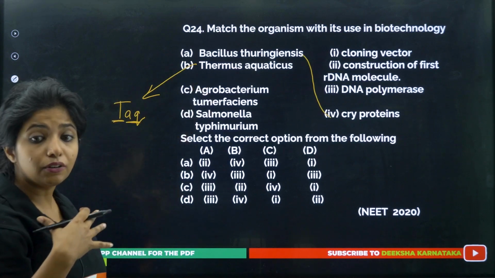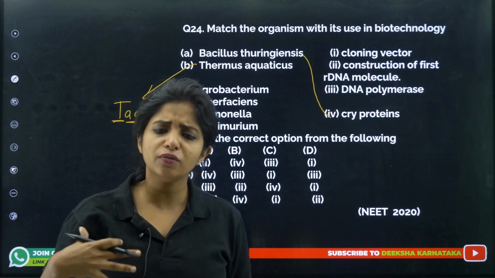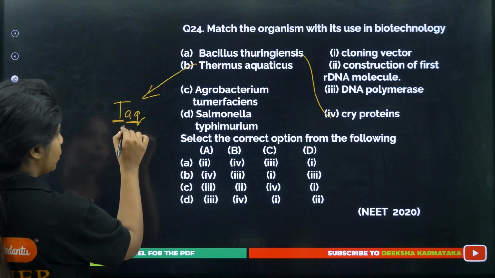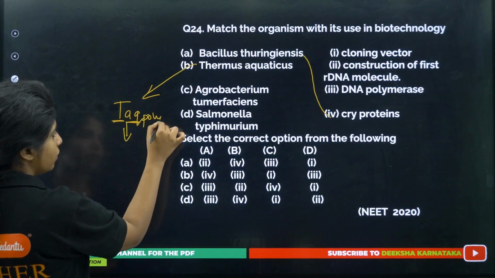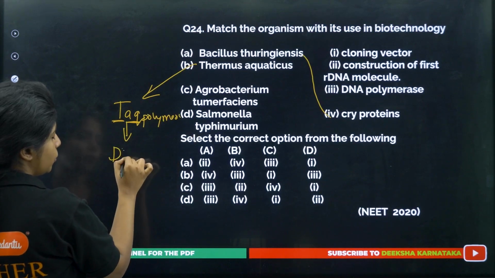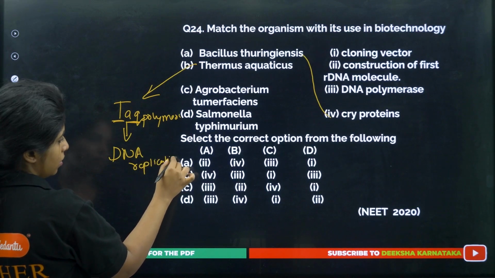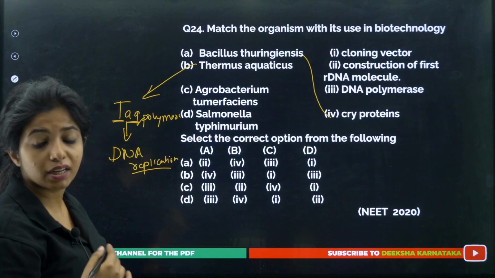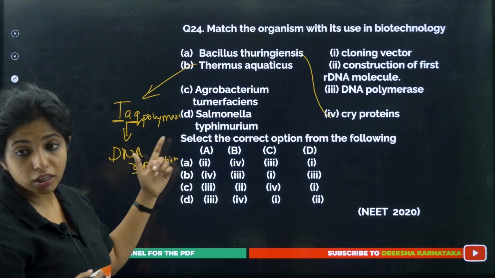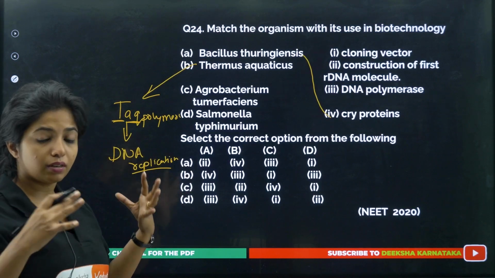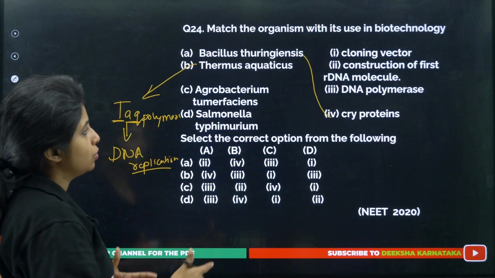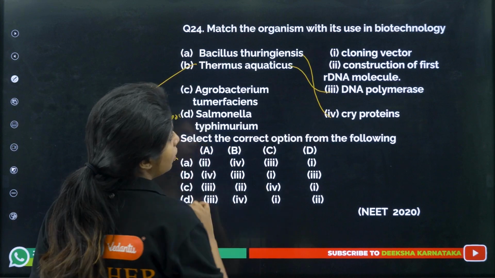This is the bacteria that lives in very high temperature, so they have a DNA polymerase, which helps in DNA replication. In PCR, you use Taq polymerase for DNA replication because the temperature is maintained really high. So Thermus aquaticus is for DNA polymerase.